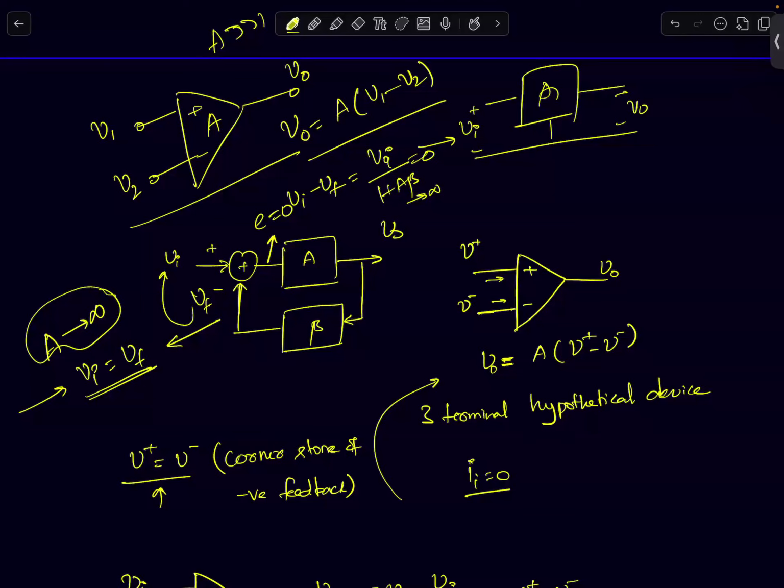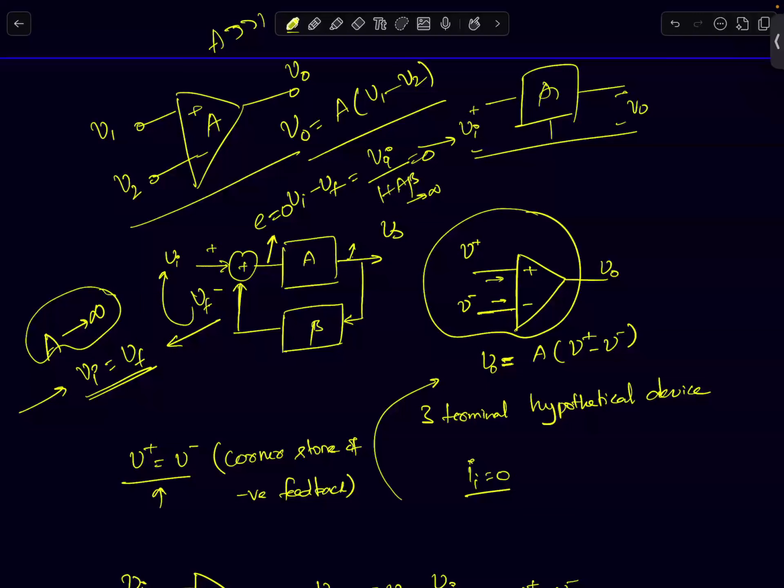So if you take this hypothetical opamp, this high gain amplifier circuit, and you know that this circuit is in negative feedback, you have configured it in such a way that it's in negative feedback. I'll tell you what negative feedback is right now. Since you have already learned it in microelectronic circuits, a circuit is said to be in negative feedback if, when you try to increase the voltage at some point, the circuit reacts in such a way that it tries to oppose that change.